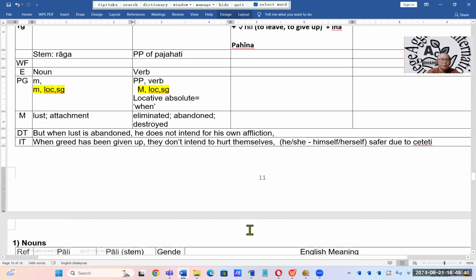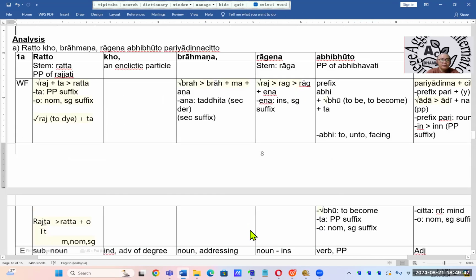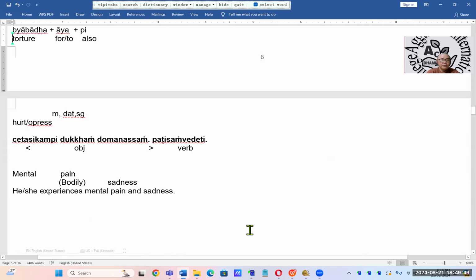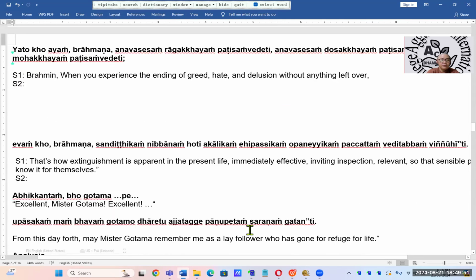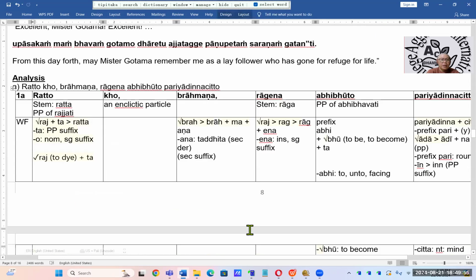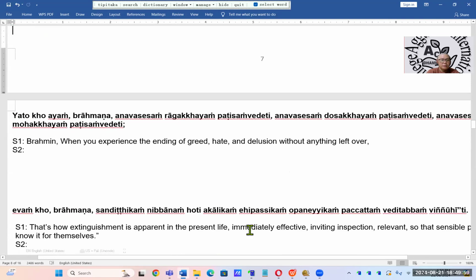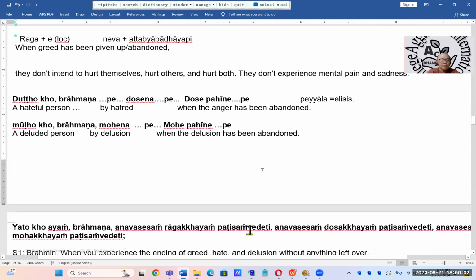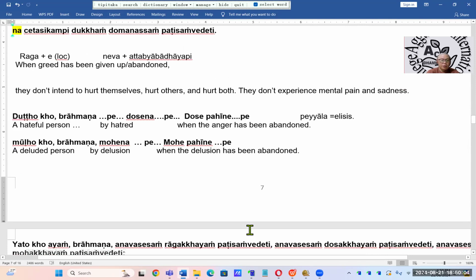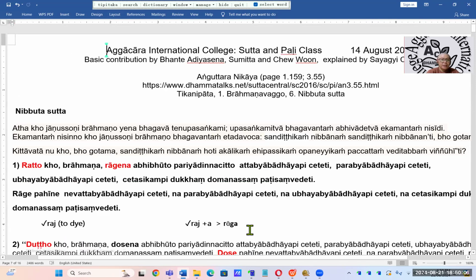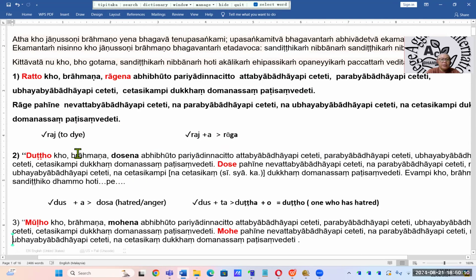Okay, now we go back to the main text. The first text, where we do revision from the beginning: Janussoni Brahmana approached the Buddha.